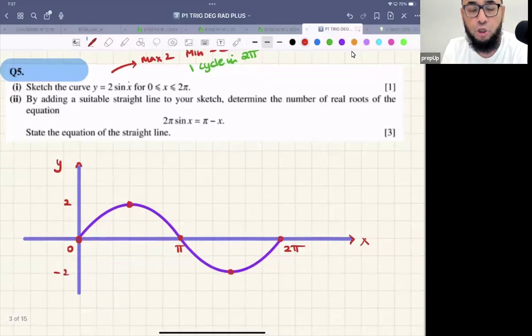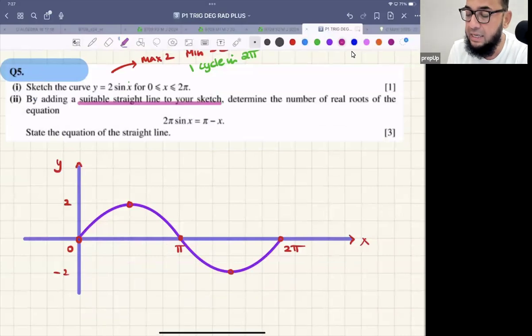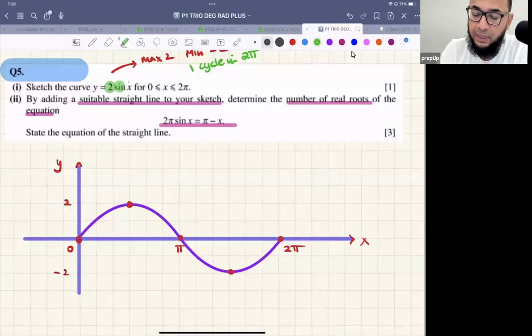Now, graphical solution of equations, exactly what we talked about in class today, and I did mention to you that yes, we'll be going over it. Now it says, by drawing a suitable straight line on your sketch, determine the number of real roots of the equation. What is the equation? This one. Now, what is the logic that I explained to you in the class? The logic was this: separate 2 sin x, whatever you have drawn.